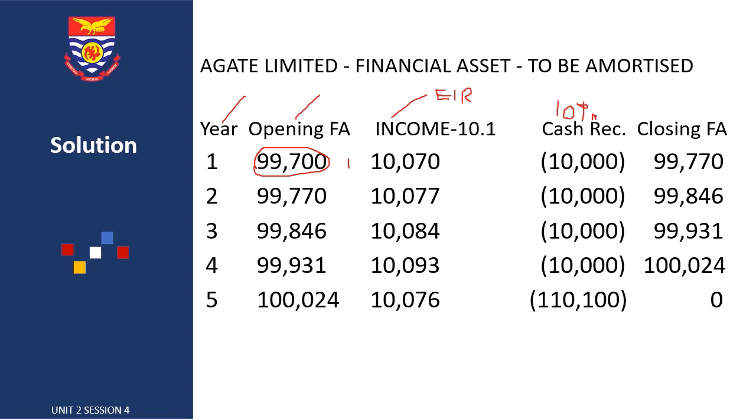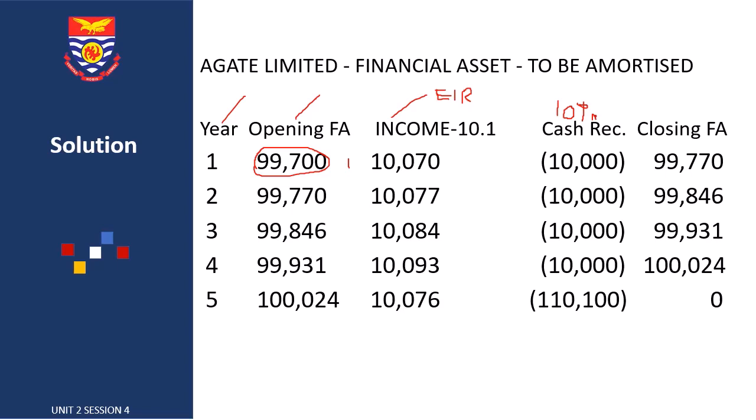So 10.10% on 99,700 is giving us 10,070. Then you move on to the cash received, or the coupon that is received. So you are going to receive 10% of the face value. So 10% on 100,000 is 10,000.